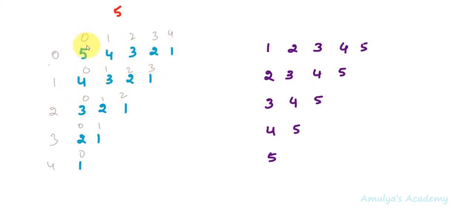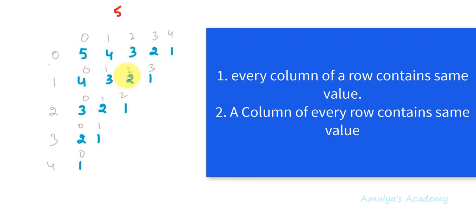Also, when I take column 0, I want 5, 4, 3, 2, 1, 4, 3, 2, 1. That means we don't want the same numbers in every column of a row, nor in the column of every row. Now to print this program, I need to make one case true.